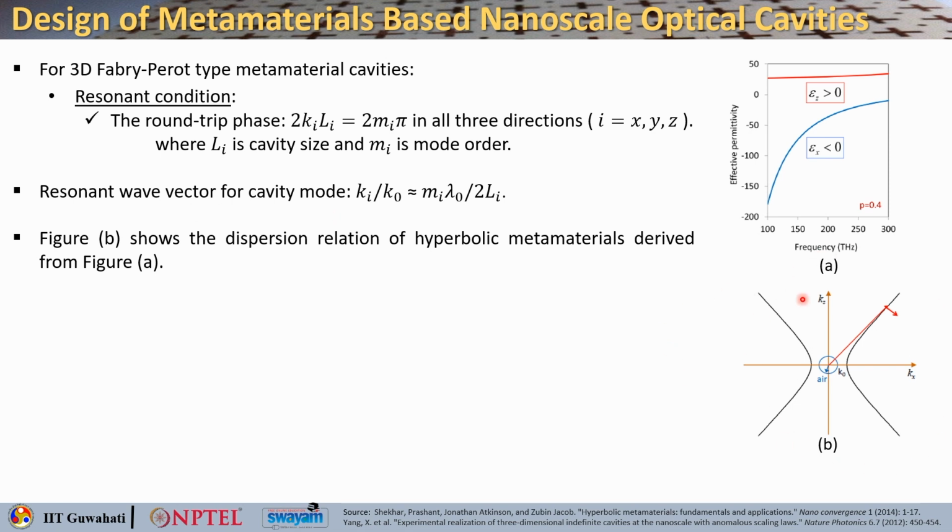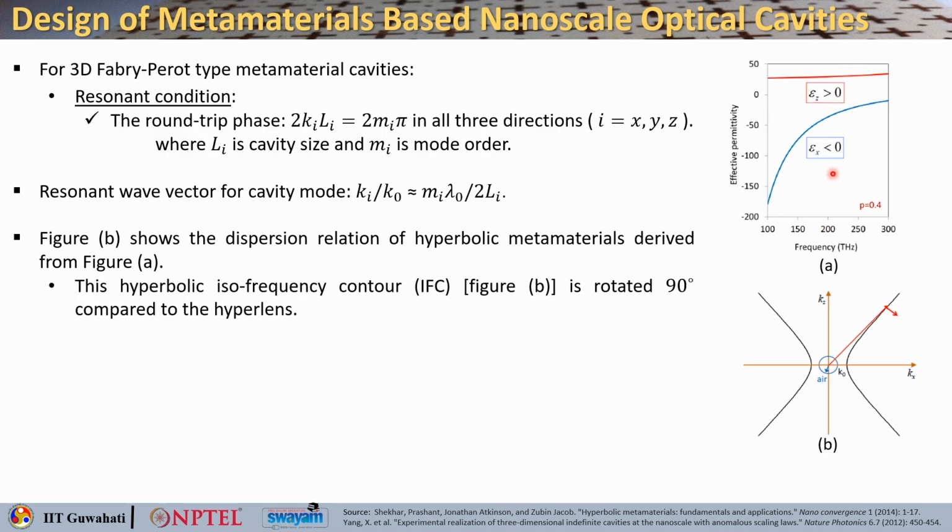In this particular figure, it basically shows you the dispersion relation in the k space for the hyperbolic metamaterials that is shown here, right, which has got this kind of effective permittivities. Okay. So, what is noticeable here is that the hyperbolic isofrequency contour is basically rotated by 90 degree with respect to those we have seen for the hyperlens, right.